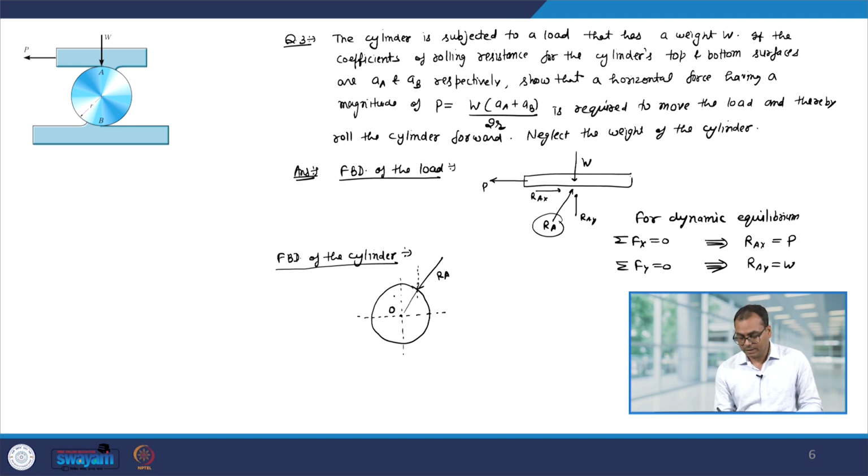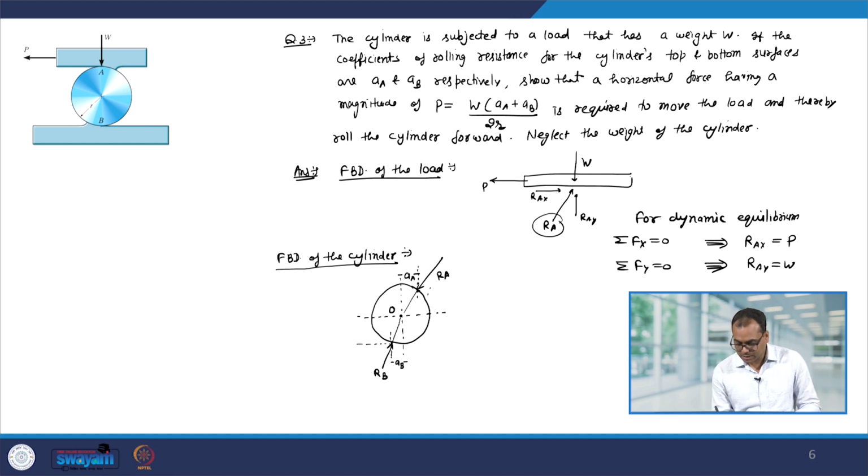Let us say it is acting at a distance of a A, and similarly from the bottom the reaction force is going to act. Okay. And again it will pass through the center of the cylinder. So, let us say this is R B and it will act at a distance of a B. Okay.